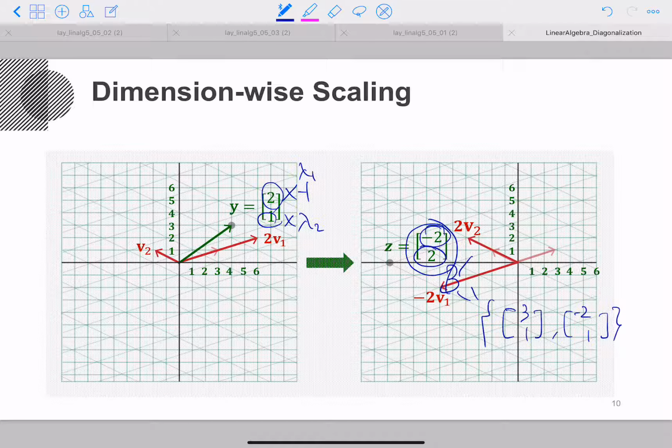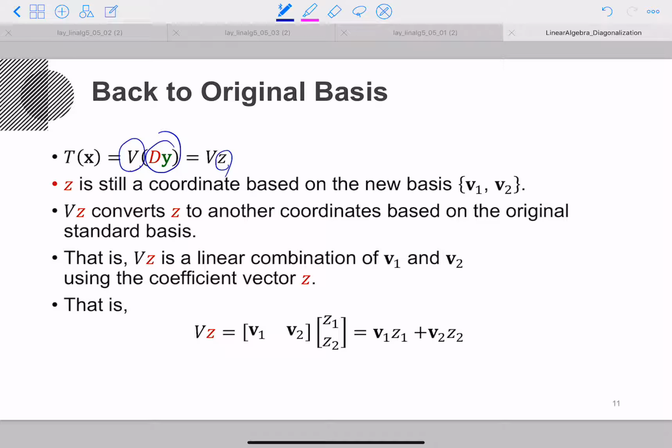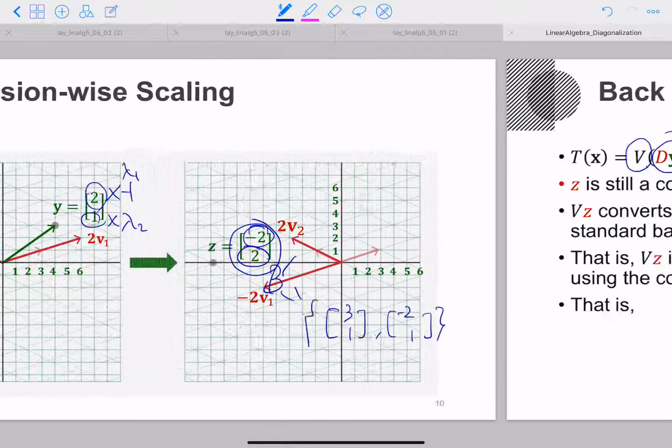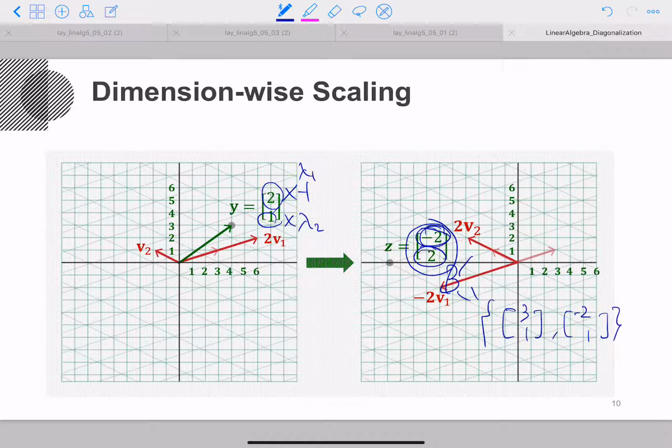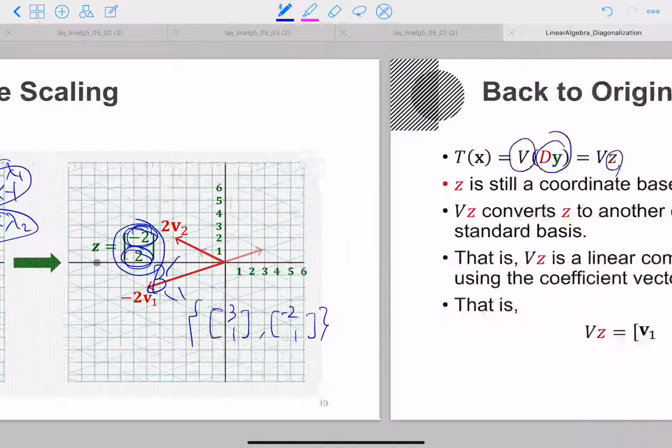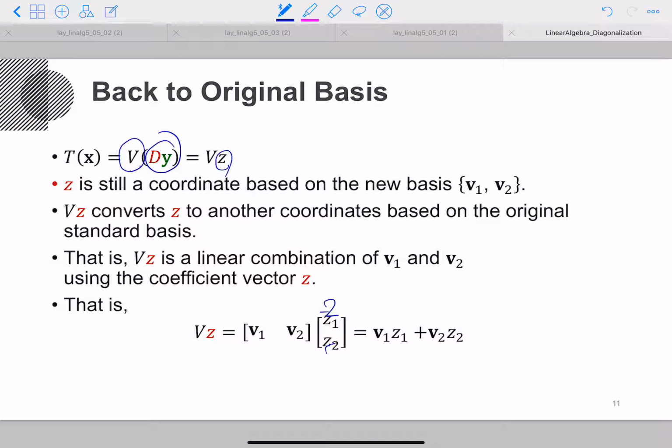And then we want to represent it as a vector with respect to the standard basis. So we obtain -2 and 2 as this result, and V is composed of the eigenvectors as the two columns.